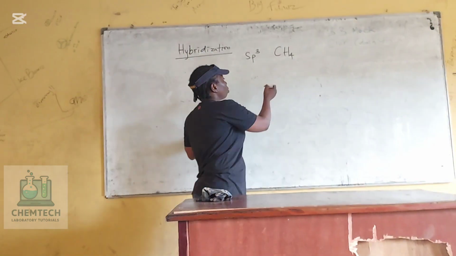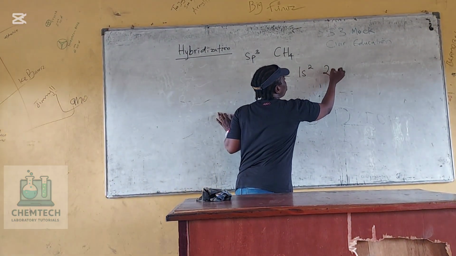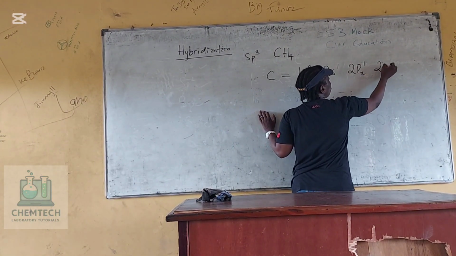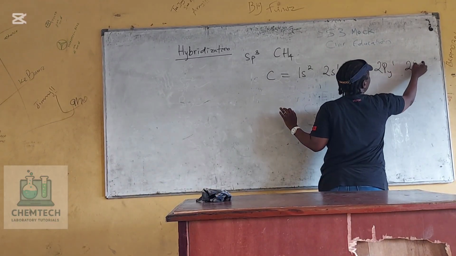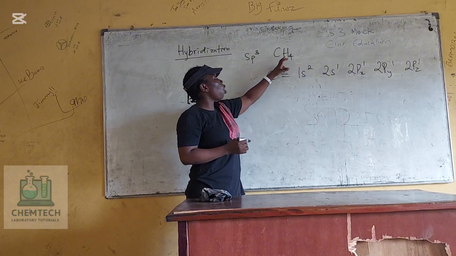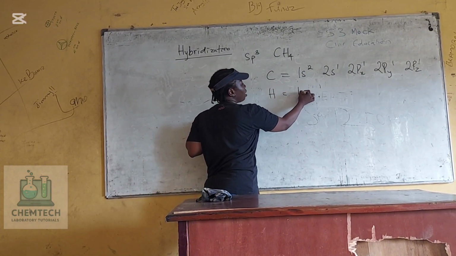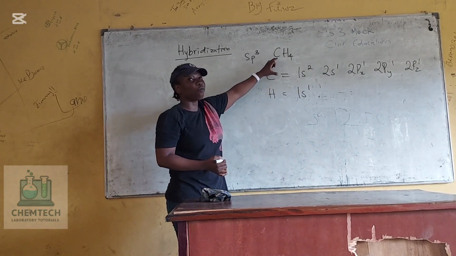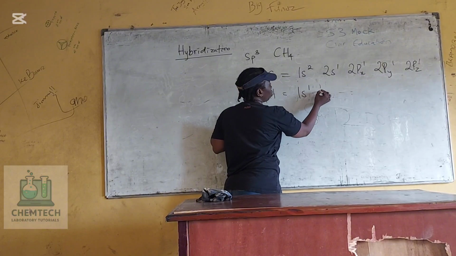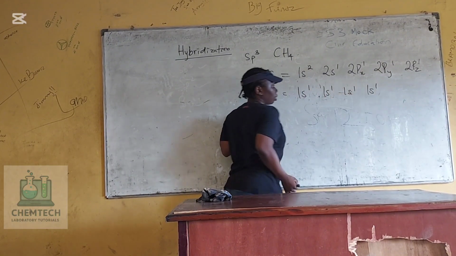Now, we know that carbon is 1s2, 2s1, 2px1, 2py1, and 2pz1. And this carbon needs to bond with 4 hydrogen. Hydrogen is 1s1, and we have 4 hydrogen there, so it becomes 1s1, 1s1, 1s1, 1s1.